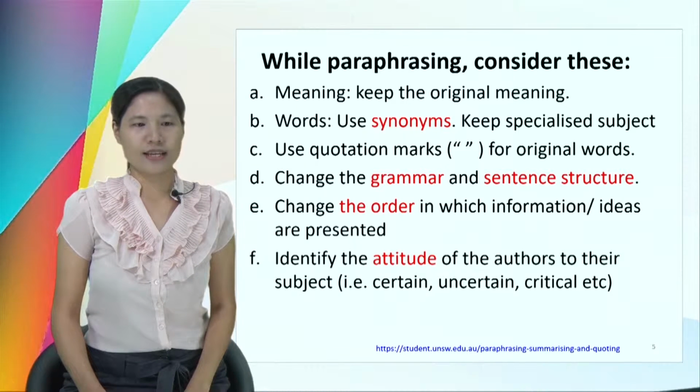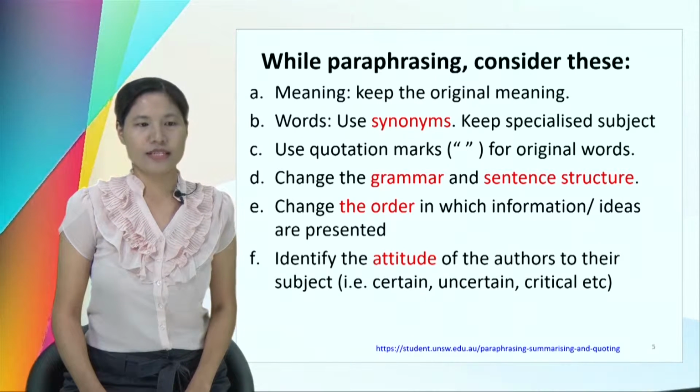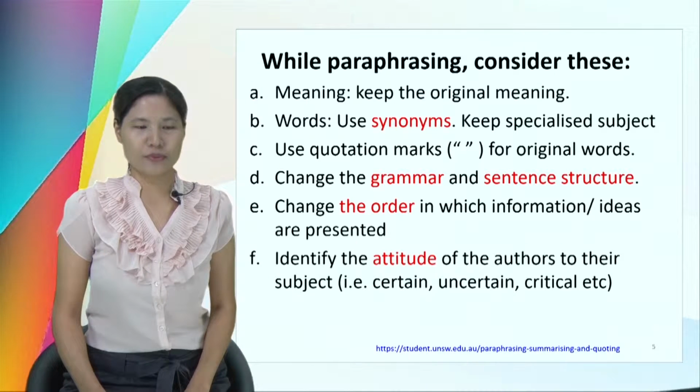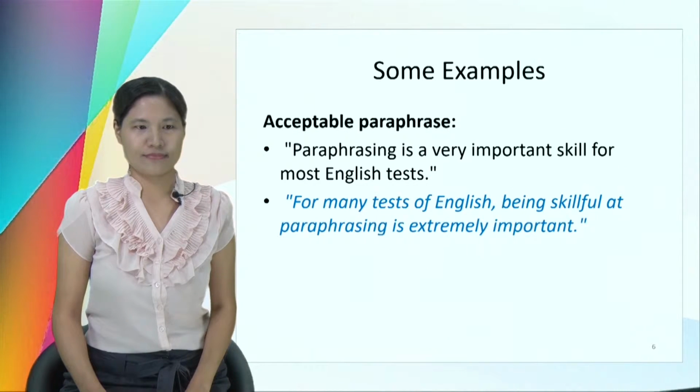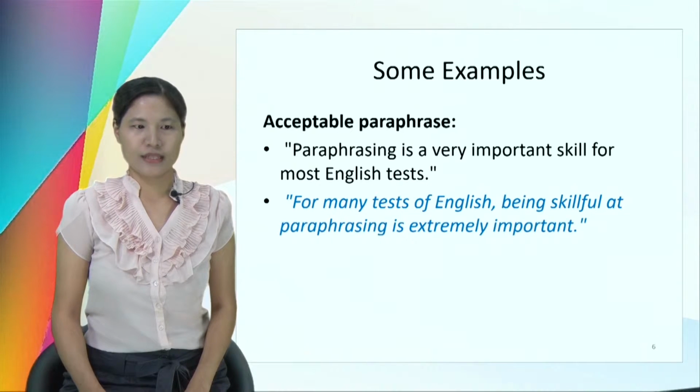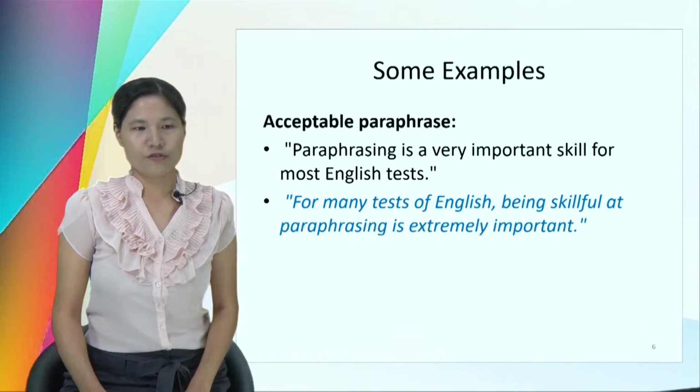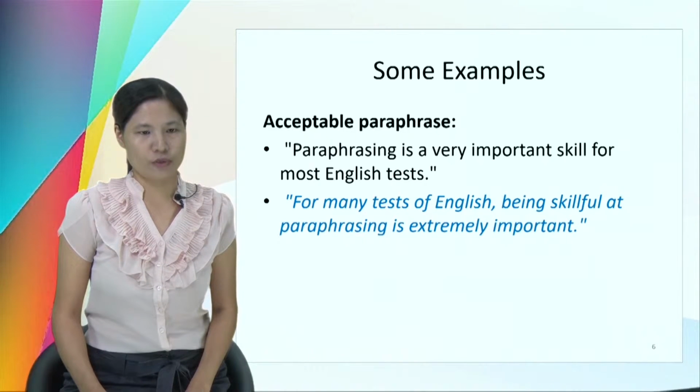And from now on, I will use certain of the techniques to give you more examples and practice. The first example is an acceptable paraphrase. Like the first line, paraphrasing is a very important skill for most English tests. If we have to paraphrase it, we have to write it in a different structure with different words.